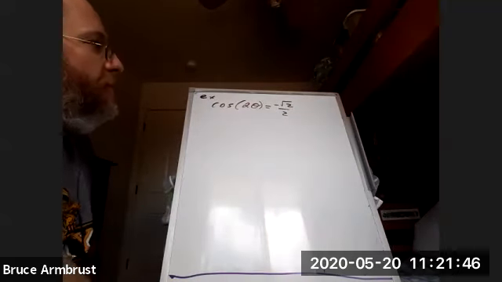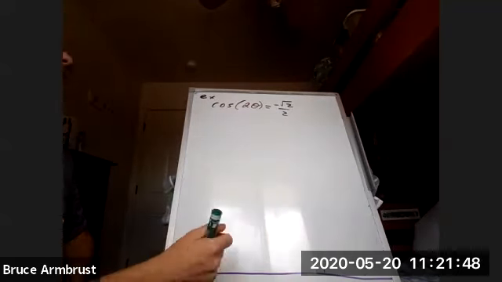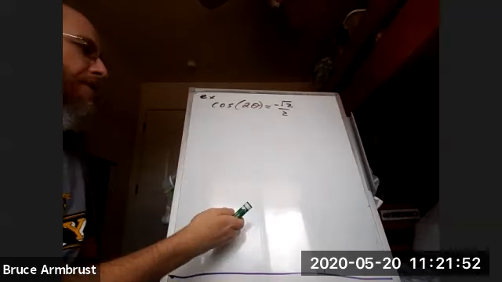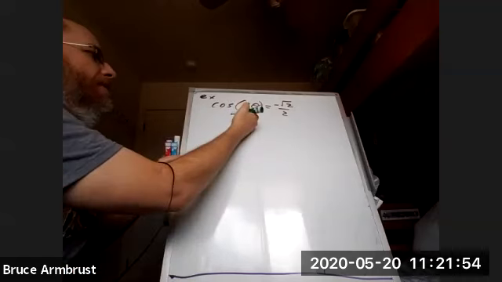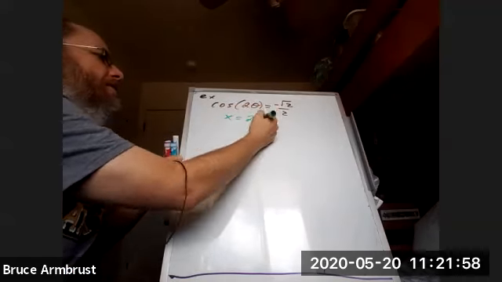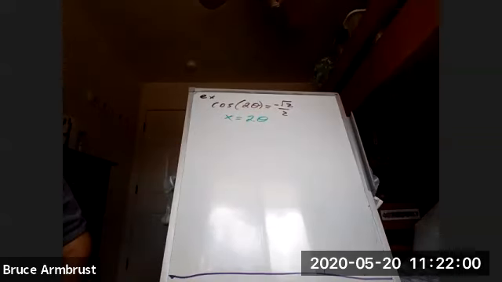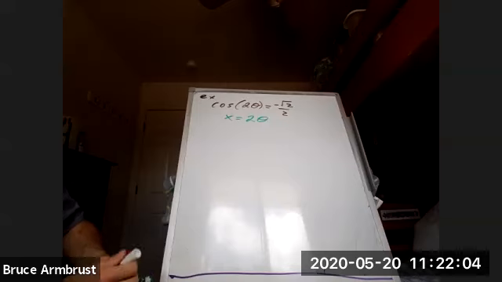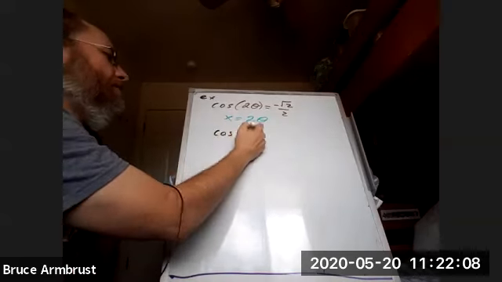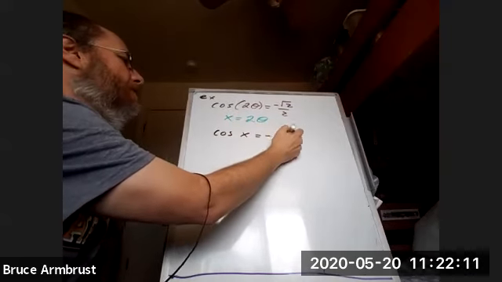So the first thing I'm going to do, and this isn't necessary, but I'm going to do it just so you can kind of see why we're going to do the same steps. Instead of having 2 theta there, let me replace it with x. Okay, so x is going to equal 2 theta. That turns this into cosine of x equals minus root 2 over 2.